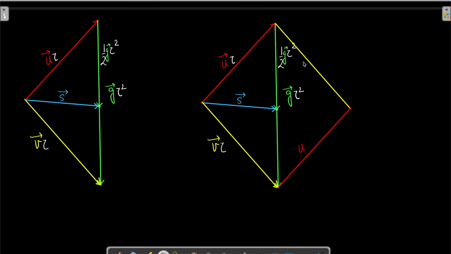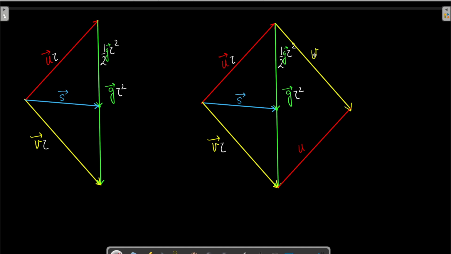Okay, so now we have another same thing. This thing actually has to be the diagonal part, the S vector. We'll redraw this thing.